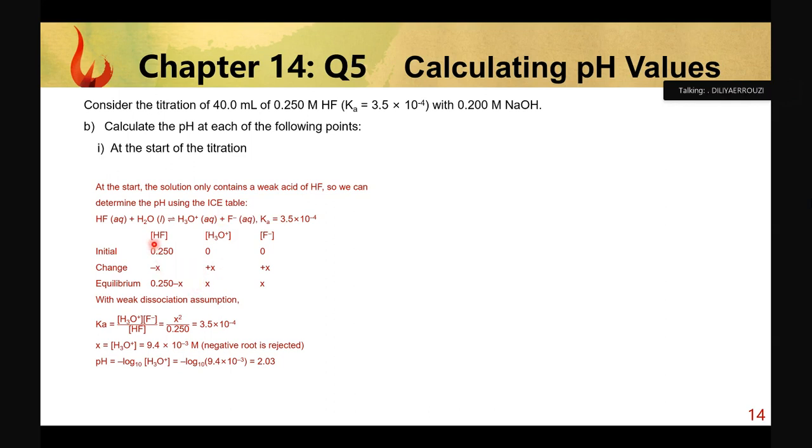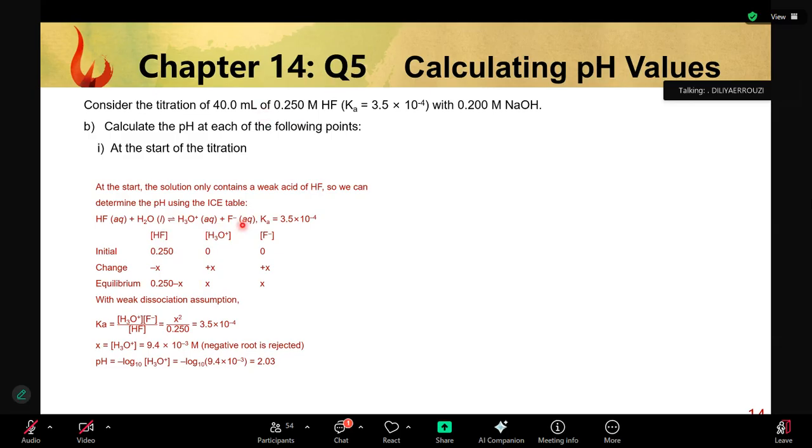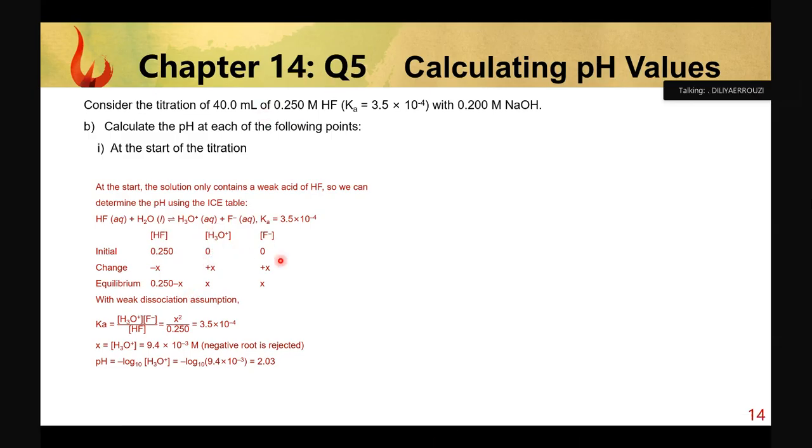So we list the three concentrations. The initial concentration we know is this, and both of the products do not exist just yet. Then we lose one of the hydrogen fluoride to produce one of each. So the equilibrium concentration is 0.5 minus x.